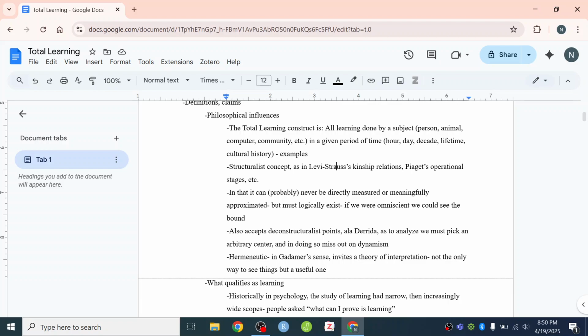Well, you can also take a total learning perspective on that instance of learning and say, how does that instance of learning fit into my framework of interpretation?